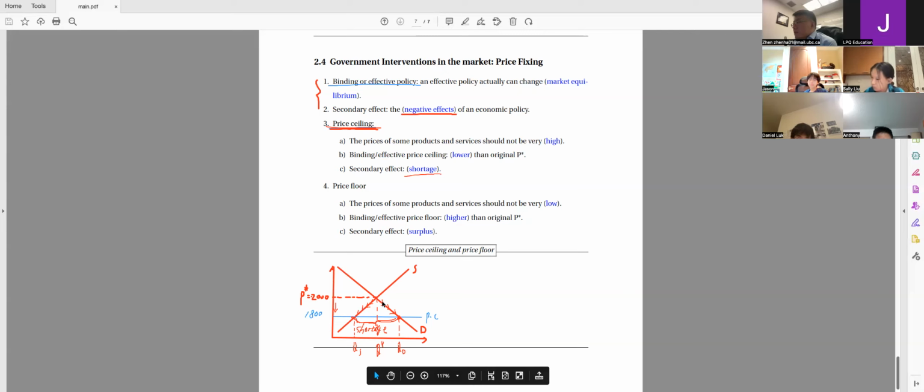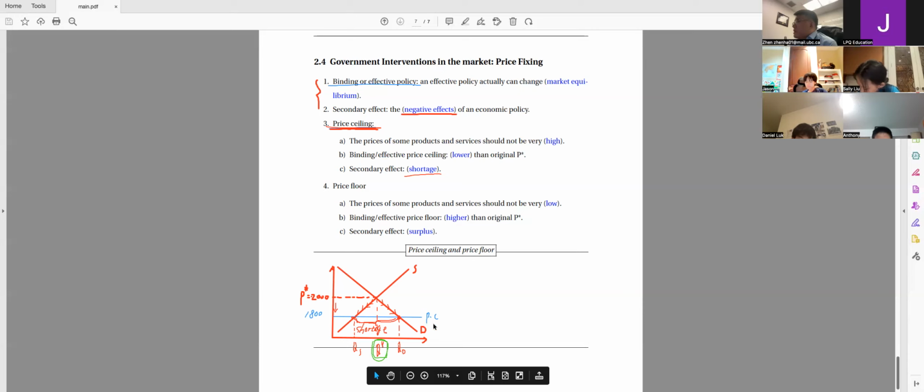One final question about this graph: after we add a price ceiling, how does the quantity traded in the market change, increase or decrease? Before we add any governmental policy, Q star is the equilibrium quantity that can be traded in the market.